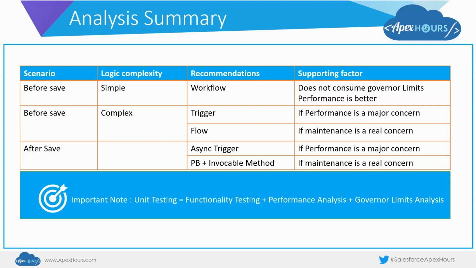Performance analysis means how many more minutes your current operation added to the total transaction time, or how many more SOQLs and DML statements got added by your current solution. If it is high, you really need to revisit your solution. I hope whatever I was trying to explain is clear for you.